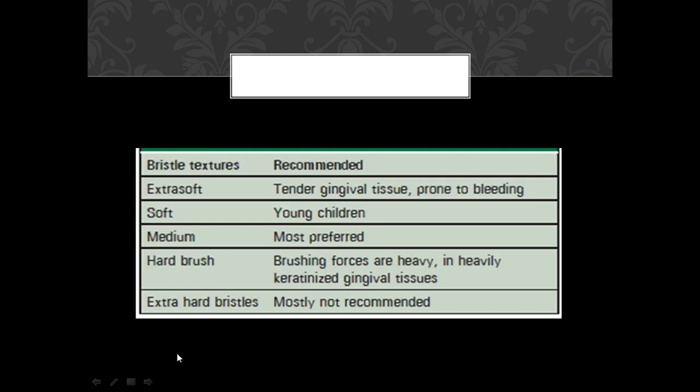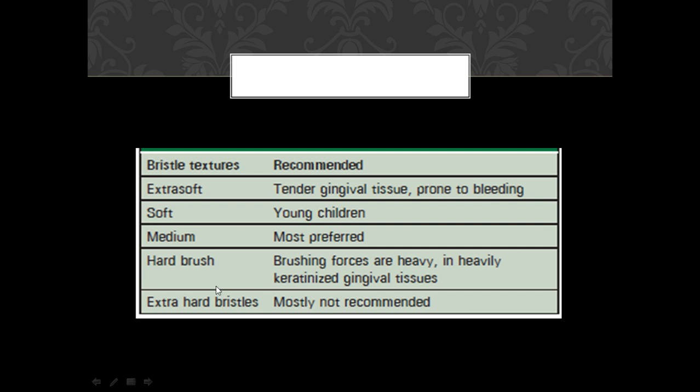So in the market you will mostly come across soft, medium and hard brushes. If there is very tender gingival tissue, extra soft is recommended. But in the market you will come across soft, which is recommended for young children. Medium is mostly preferred; we will be using this medium toothbrush.